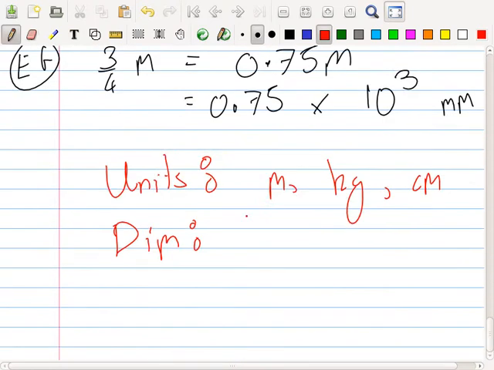Dimension, that's things like mass, length, time. So there is a small difference between the two. It's not really big, but time is a dimension and seconds are a unit. So there is a difference between the two, okay? But really it's not so important for us. But it is good to know the difference in the words, okay?